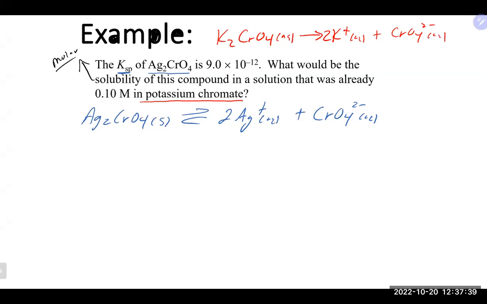Once again, looking at the concentration of our potassium chromate, which is 0.1 molar, it is a 1-to-1 relationship between those two. Which means that this would be 0.1 molar here.